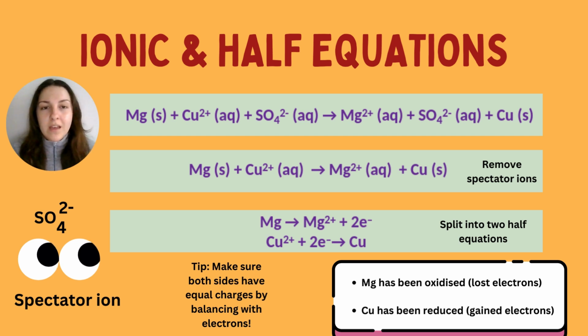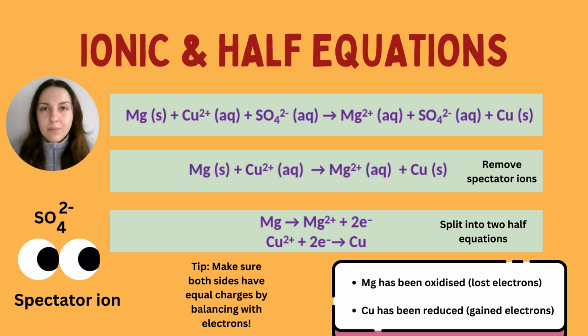So you can see that there's a couple of things that have happened here. The states have changed, first of all, but also we have a couple of things that have stayed the same. The one thing that stayed the same is the SO4 2- ion, and this is what we call a spectator ion. A spectator is something that looks out into the crowd and just observes what's going on.